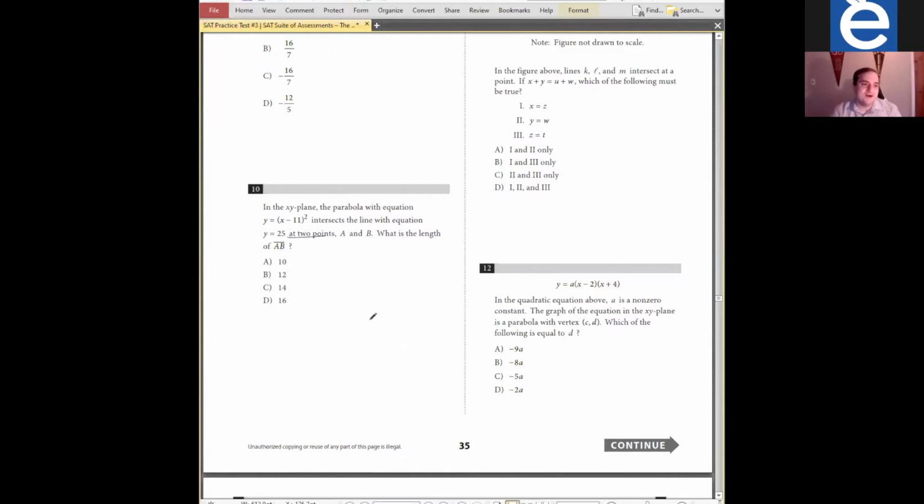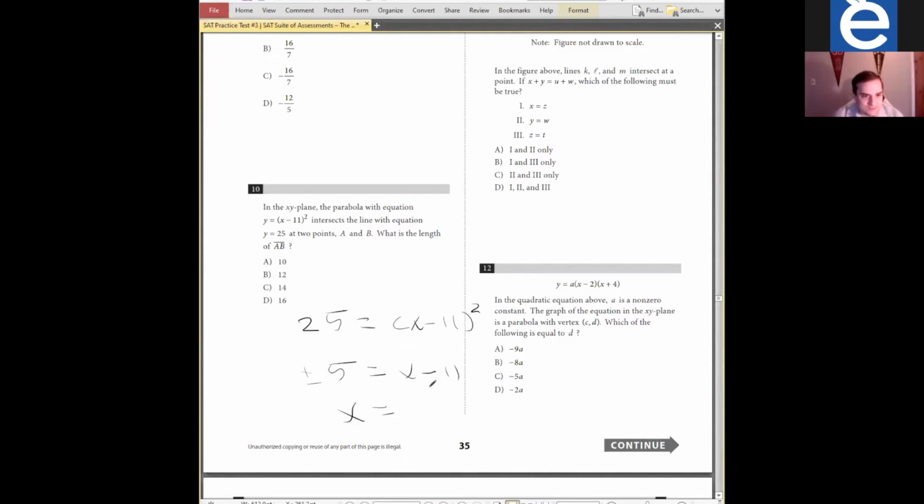So here, it would be 25 is equal to x minus 11 squared. Plus or minus 5 is equal to x minus 11.